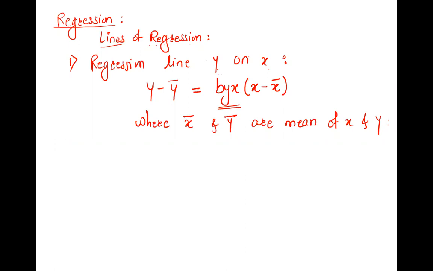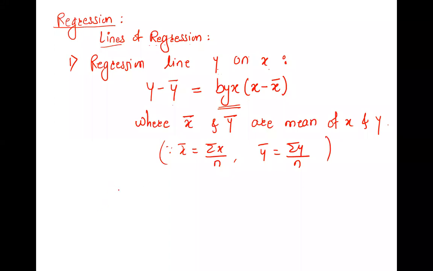Sum of those 10 values upon 10. Correct, perfect. So x bar is the summation of all x upon the total number, and y bar is also the summation of all the y's upon the number. This is the mean. So yes, x bar and y bar are the means of x and y respectively.